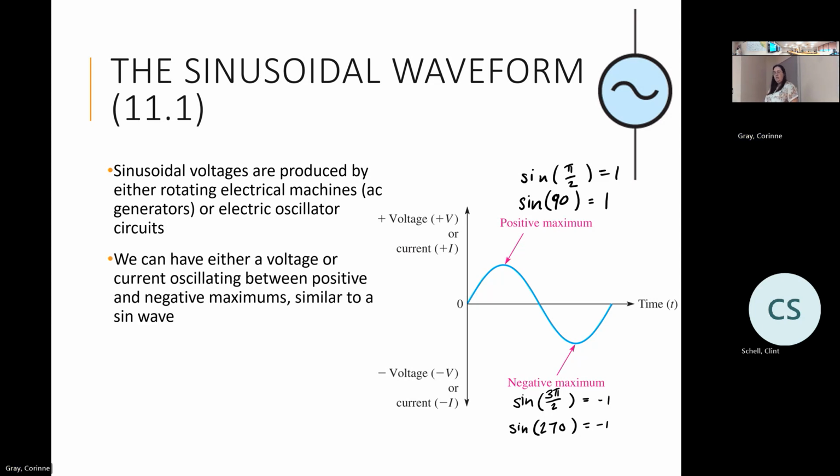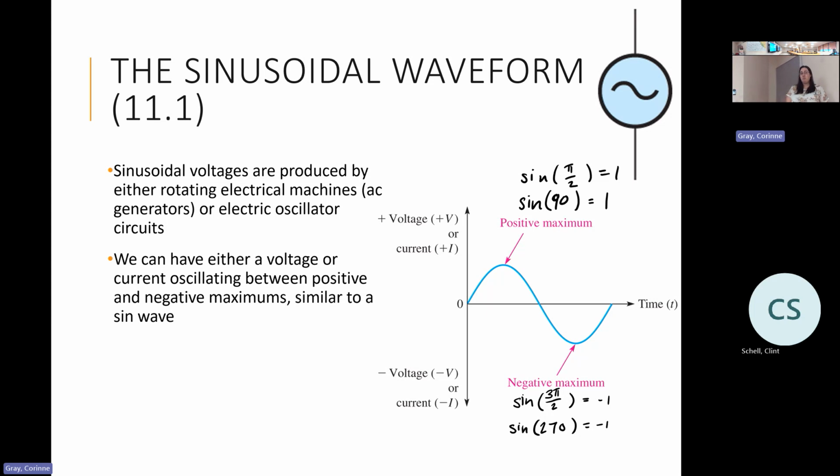And with this particular function, it's being drawn as a sine wave. However, any sort of smooth wave that looks like this doesn't necessarily have to start at 0. That is referred to as a sinusoidal waveform.